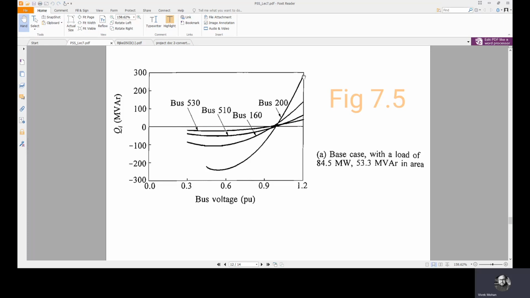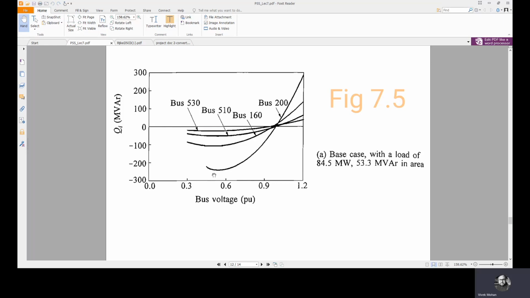Say we are considering this bus 200. This is a positive slope, right? So in this region, whenever the reactive power injection is increased, the voltage is also increased. But this happens till this point only. After this point, we have a negative slope. Negative slope in the sense increase in reactive power causes reduction in voltage.